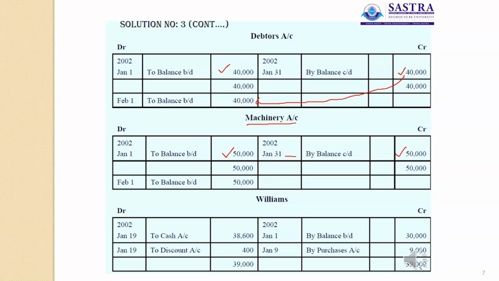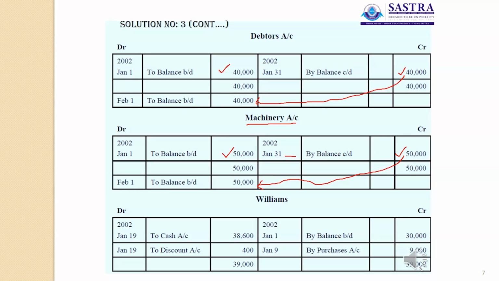This amount is carried forward to the next month of February, rupees 50,000. At the end of the month, the value of the machinery is 50,000. Then at the beginning of February, the opening balance of the machinery is 50,000.